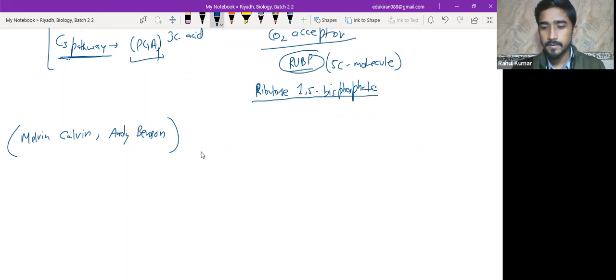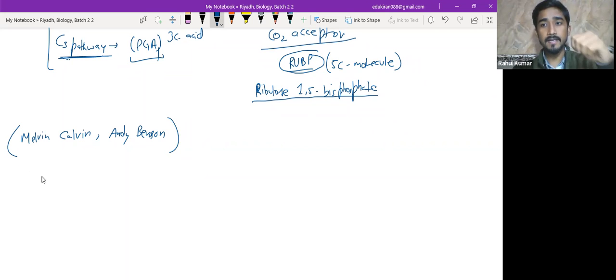And write down the final carbohydrate product formed directly from the Calvin cycle.